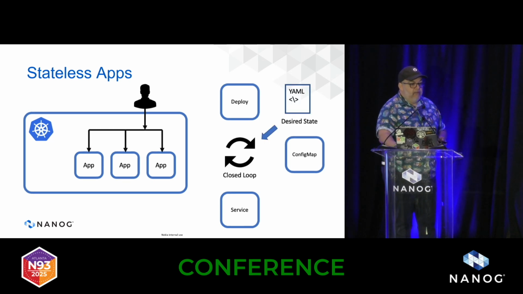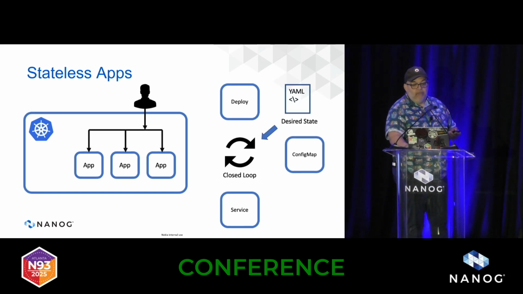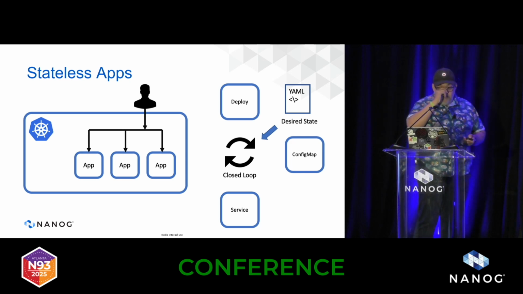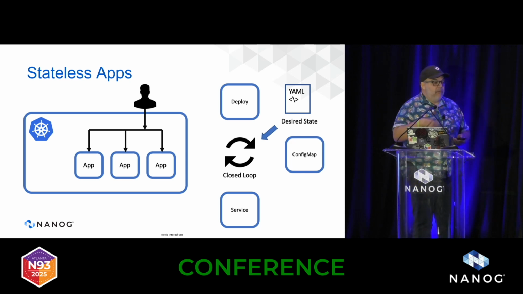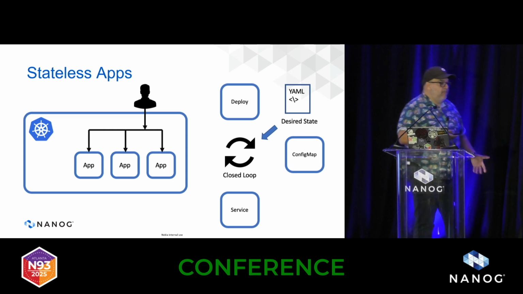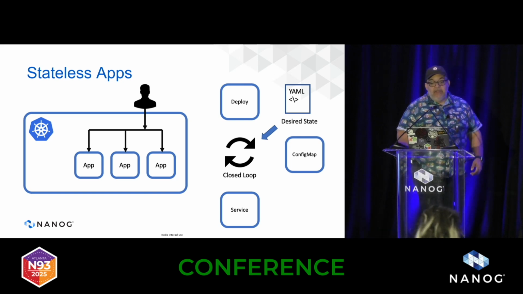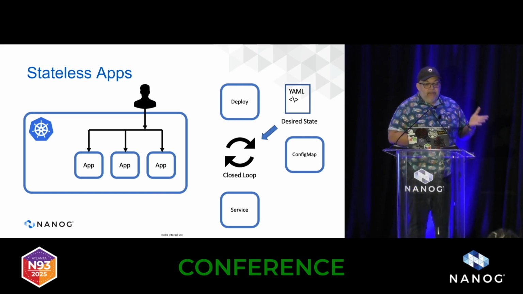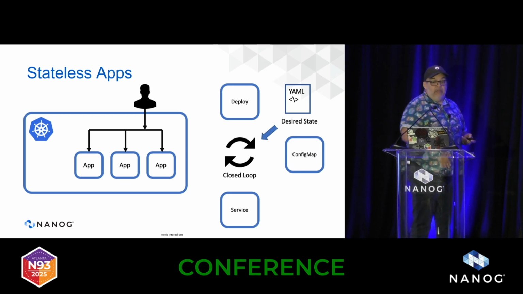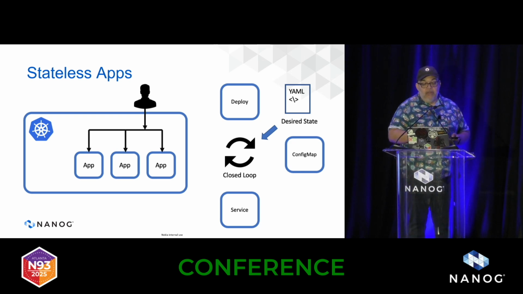Continuing with the stateless app, Kubernetes has this deployment workflow. You have a YAML file, as I mentioned before, where you define your desired state, and then the deployments manage the application and the instances that you want to deploy for this specific configuration.